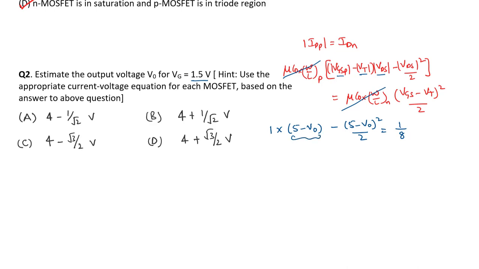Let's take 5 minus V naught as a variable x. We can write 4x square minus 8x plus 1 is equal to 0.